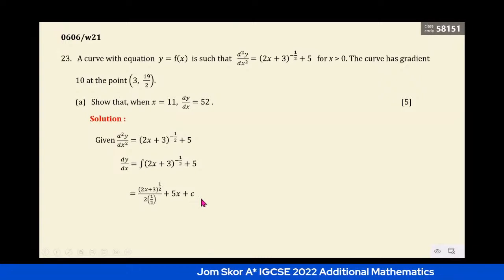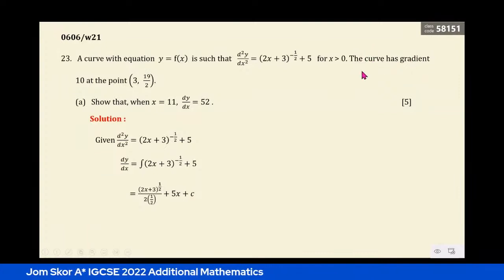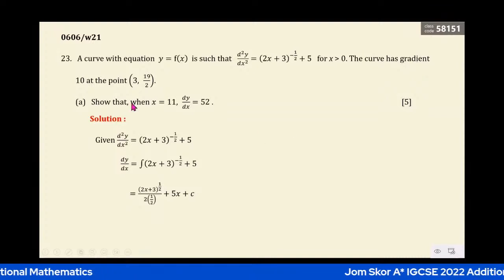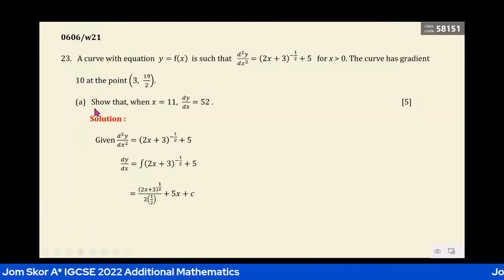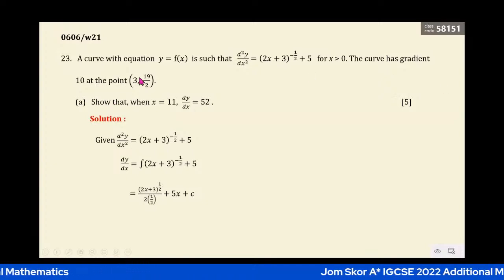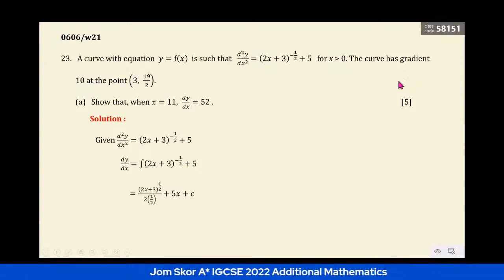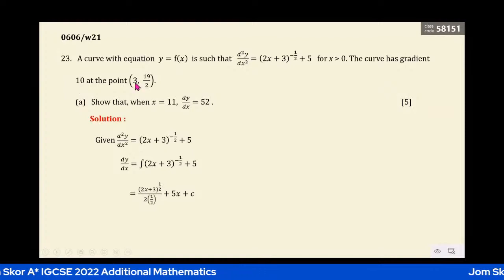But this one, the question says the curve has gradient 10. The gradient is actually dy/dx. Remember the first question that we discussed. So the gradient is 10 at the point (3, 19 over 2), meaning that dy/dx is equal to 10 when x is equal to 3.